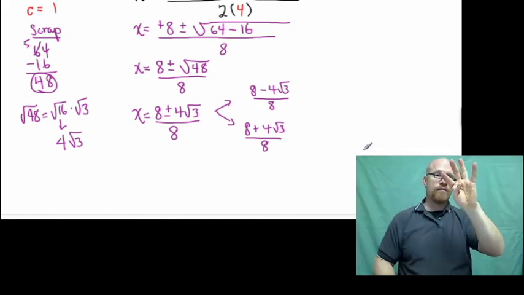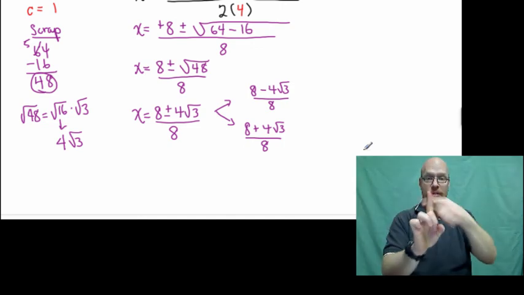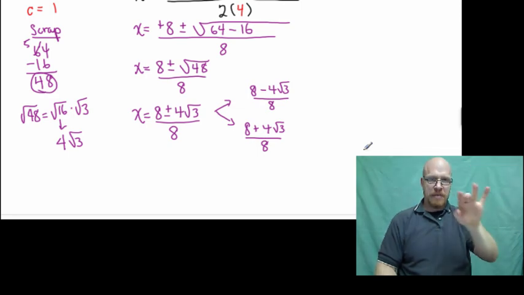Now, x equals 8 minus 4 square root of 3 over 8 and 8 plus 4 square root of 3 over 8.